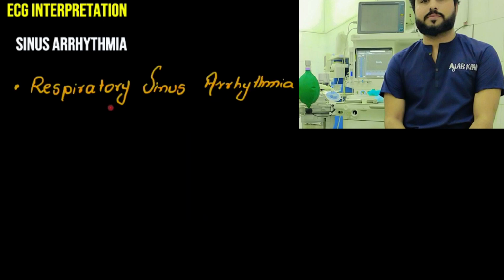Due to inhalation, sinus node increases firing and causes increased heart rate, and during exhalation it decreases firing and causes decreased heart rate. Now you would be thinking, why does sinus node start firing more during inspiration and less during exhalation? Basically, when you inhale the air, the chest cavity size increases. When the chest cavity size increases, the vessels also dilate and the demand of blood to the chest cavity increases.